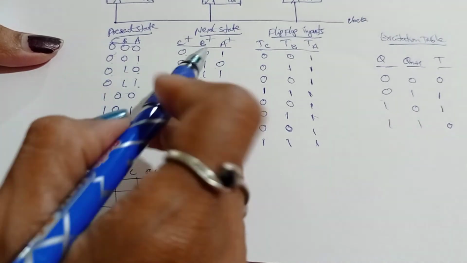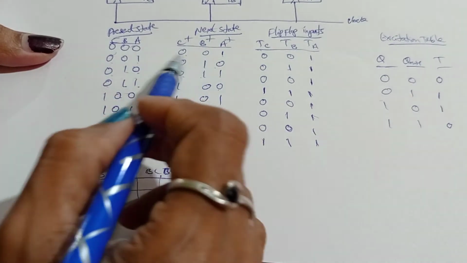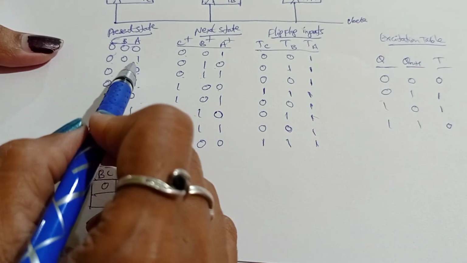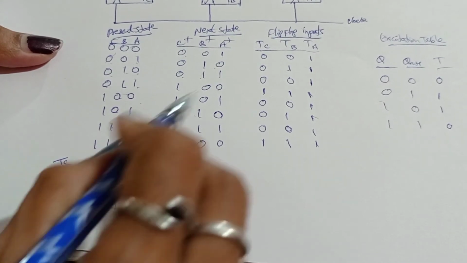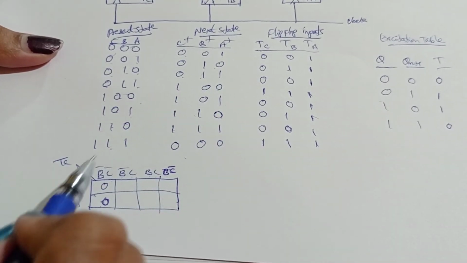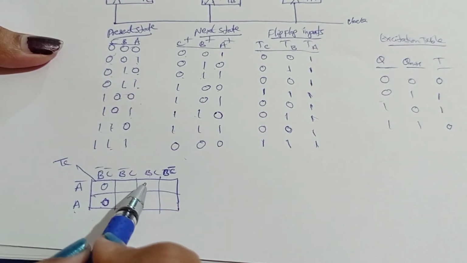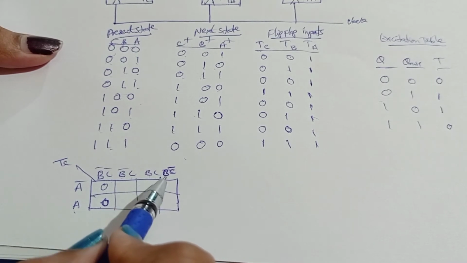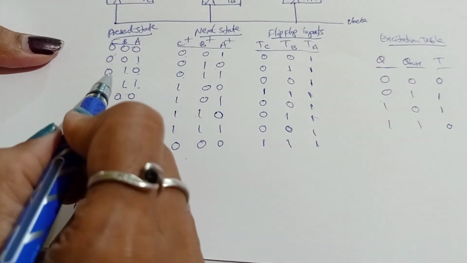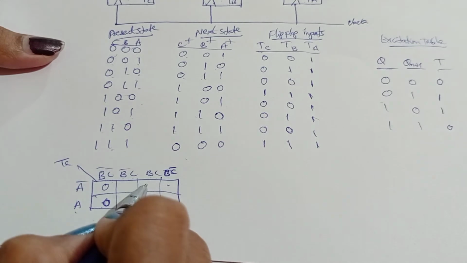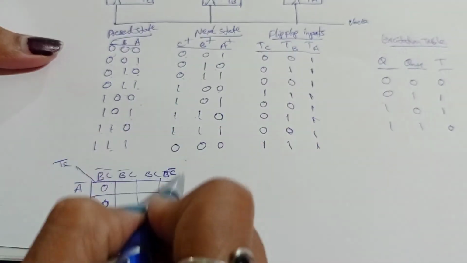Next ABC, where A is 1 and BC is 00: here you need to place the next value 0. Next, 010, that means B is 1 and AC 0, so we'll place 0 here.